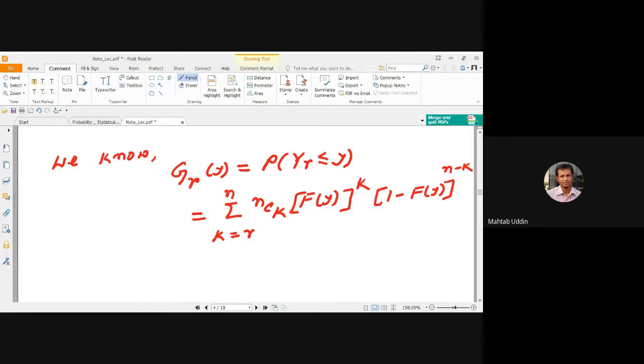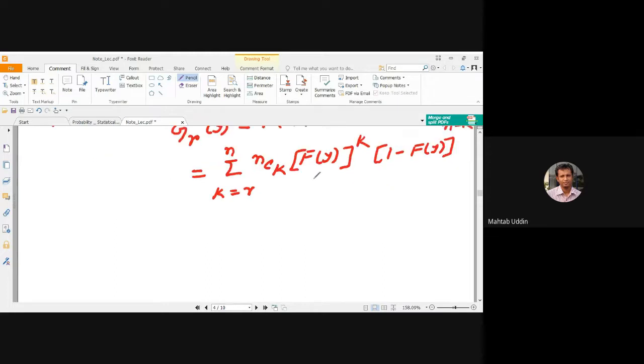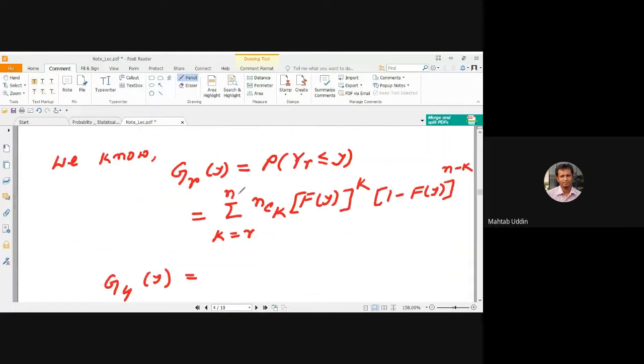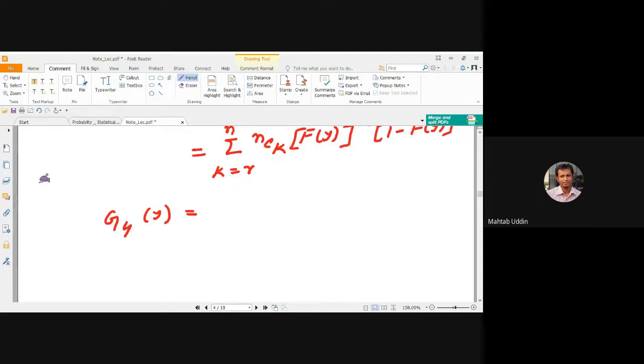Now here we need a total of 4 values. So it should be G_4(y). If we put G_4(y), first we put k equal to 4, n equal to 5. Here n equal to 5 and r equal to 4. So 5C4 is 5 actually.